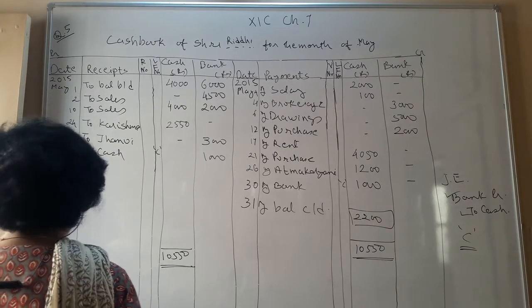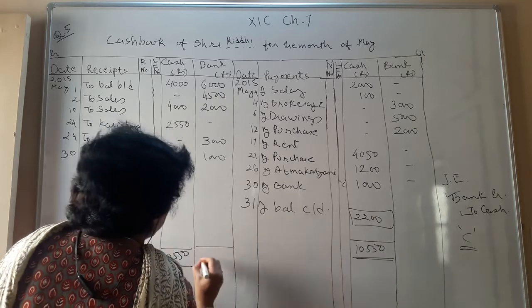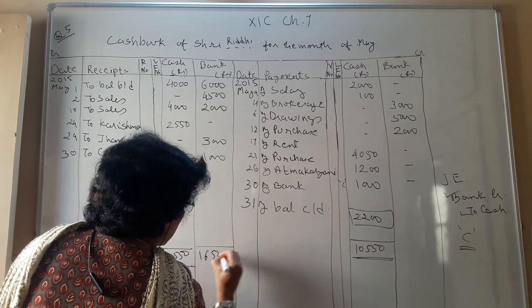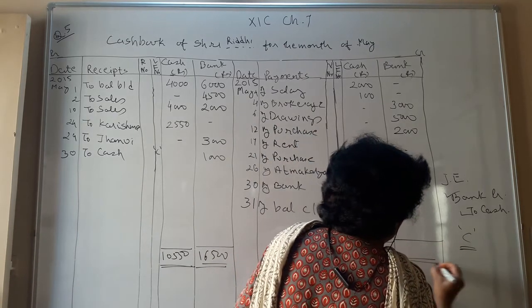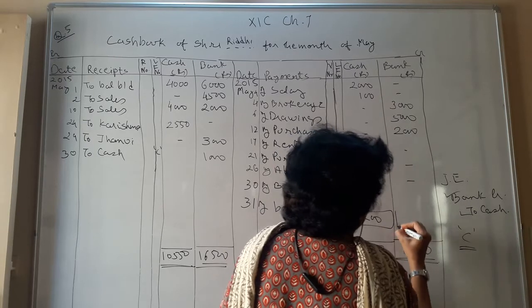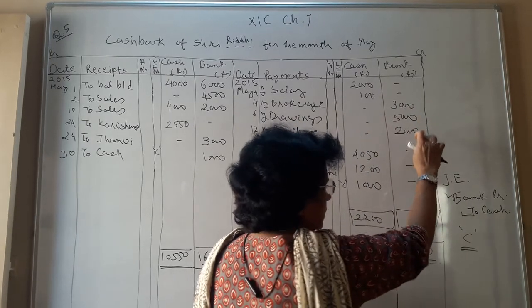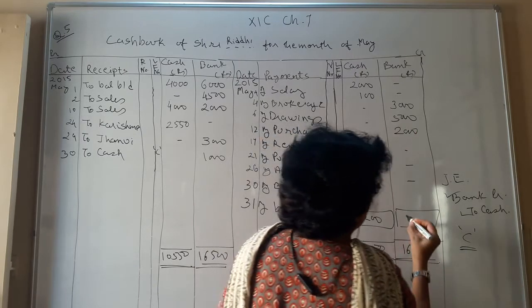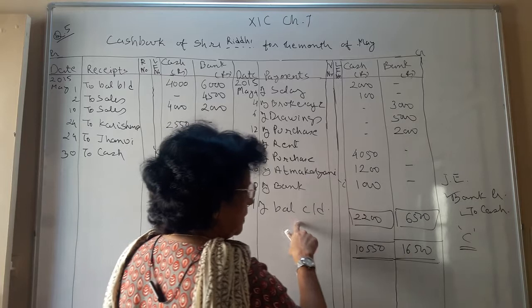That total is 16,500. Write the same total here, 16,500. Then minus the figure, that is 3 plus 5, 8 plus 2, 10,000. So your difference will remain 6,500. So this is the balance.